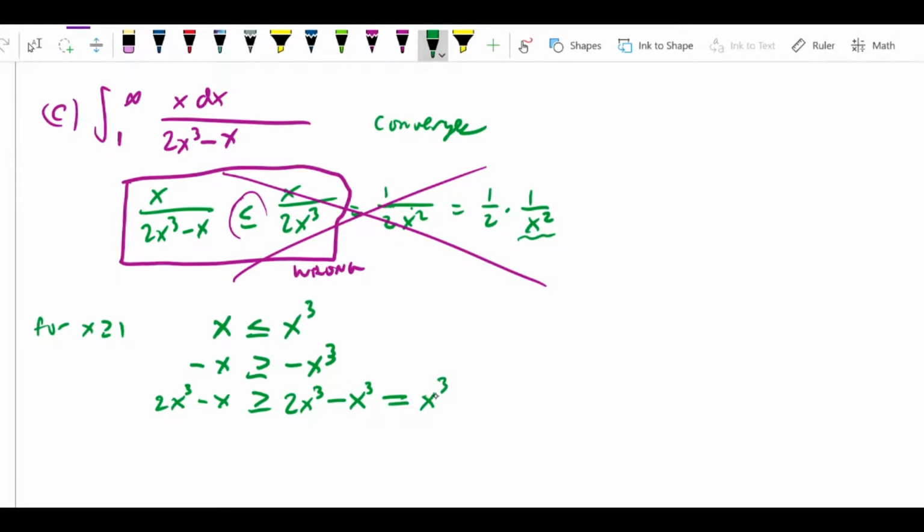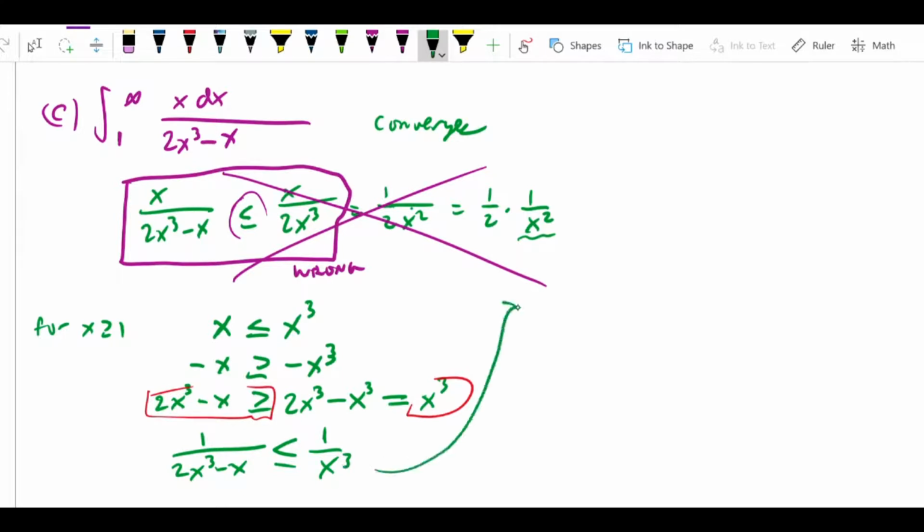So if that's true, then we can certainly write that 1 over 2x cubed minus x, when you take the reciprocal, you're going to flip the inequality, so it becomes less than or equal to 1 over x cubed.